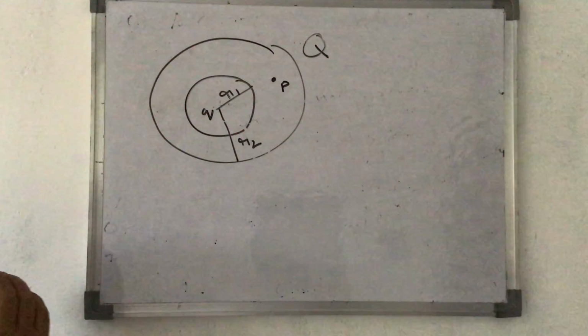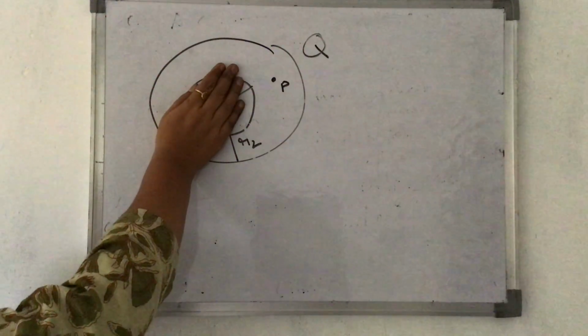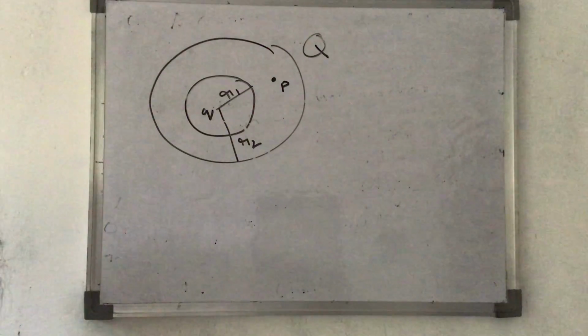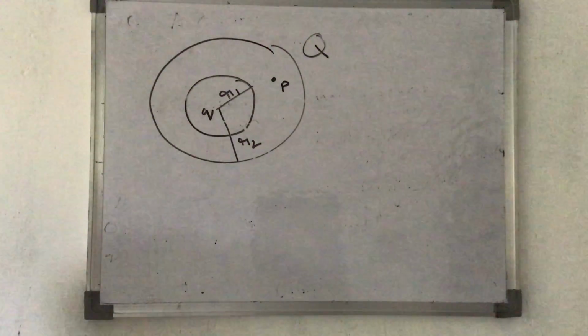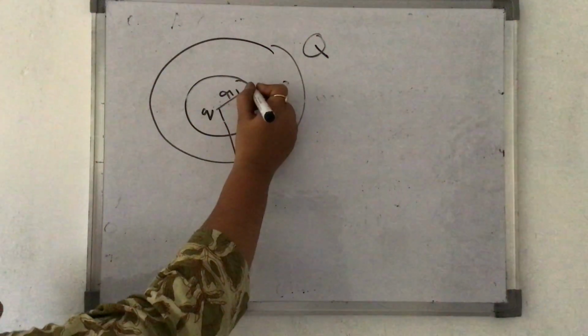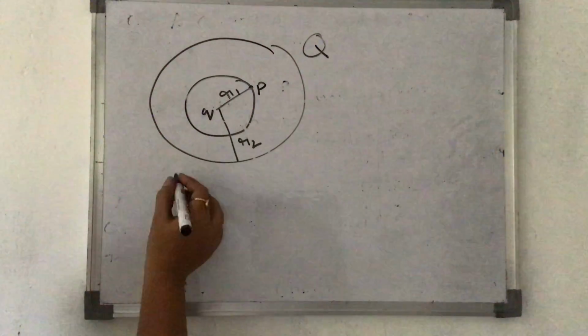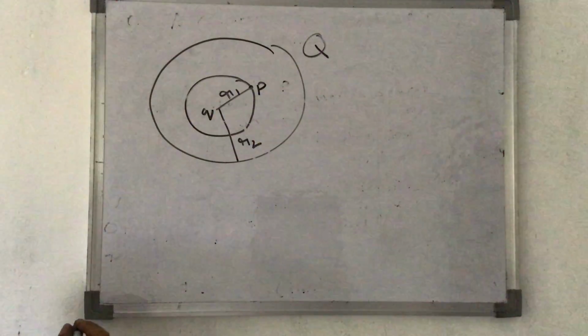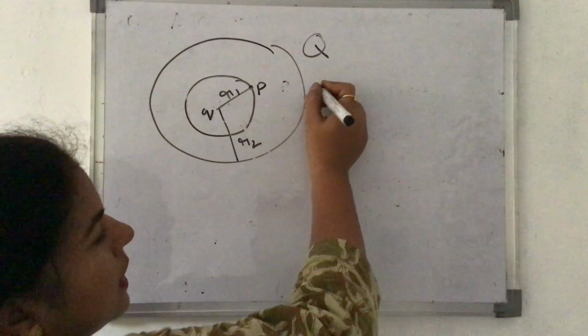The total charge on it is capital Q, but inside also I have kept a charge. I want to find out the electric field at the inner surface at this point P, and the electric field at somewhere, let's say, outside.